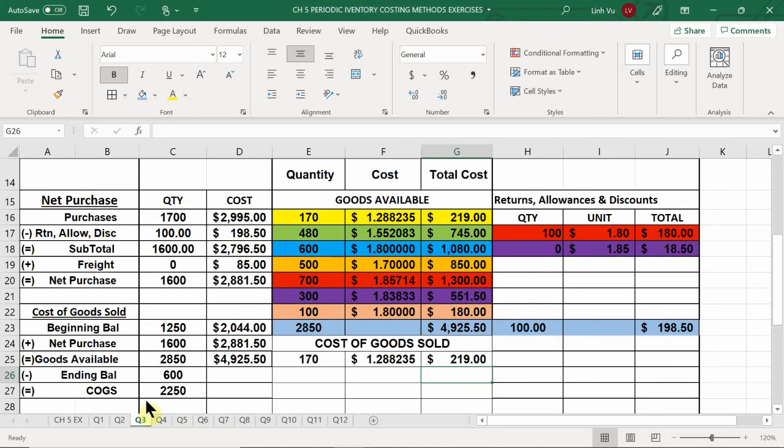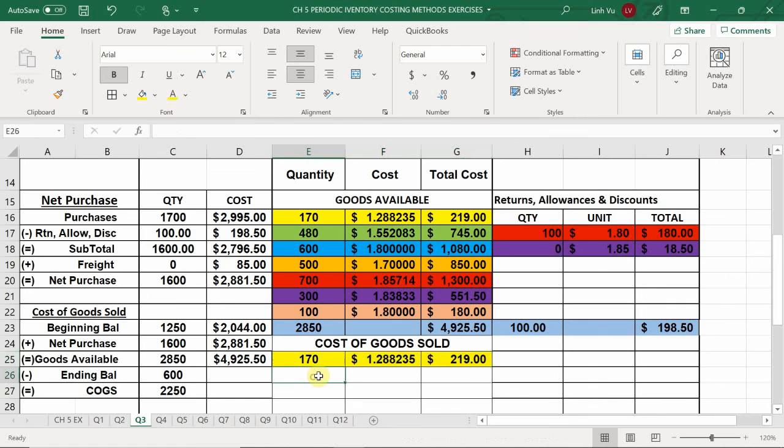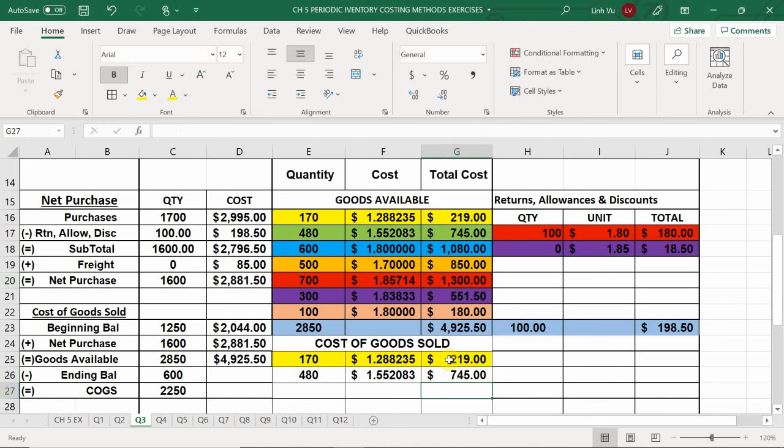Which batch of inventory is going to be sold out next? Green. Green's going to be next for the 480 units, which, since I'm going to take the whole batch right there, is going to cost me a total of $745.